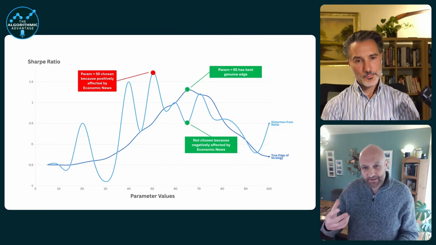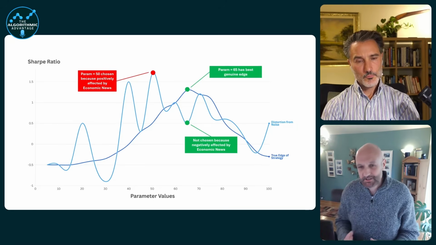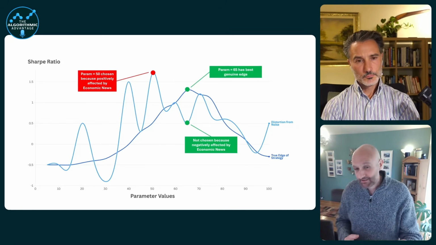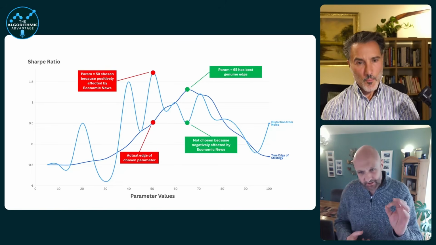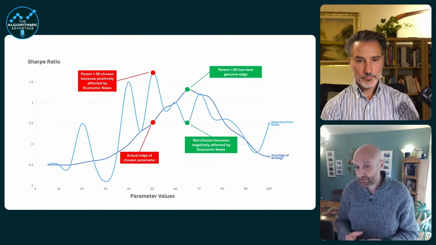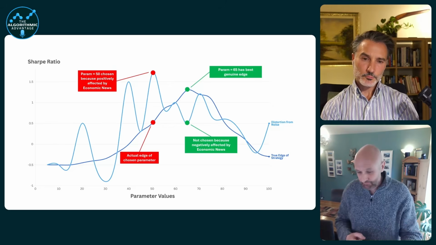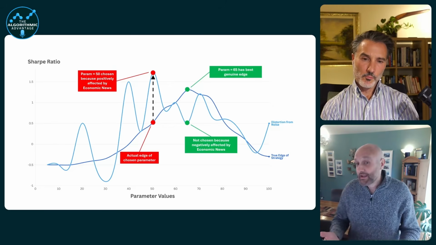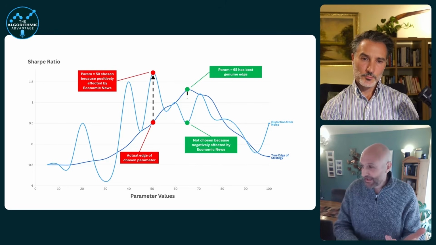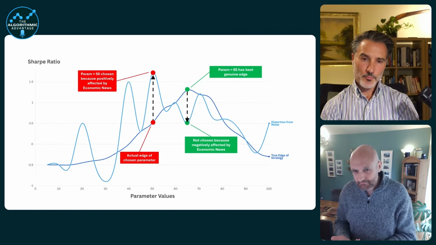And so that has made this parameter value look better than it really is. Because if you're trying to measure the edge of the strategy, this is how it performs. So this one has been elevated and this one has been demoted.